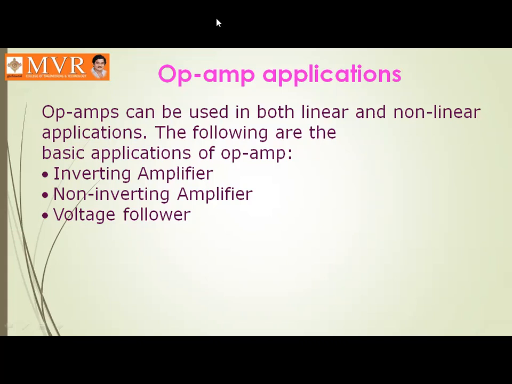If you take any circuit or device, whenever the input signal changes, the output must respond in the same manner. If the input changes, the output must also change. This is linearity. So the op-amp must possess this linearity when it operates in a linear region.